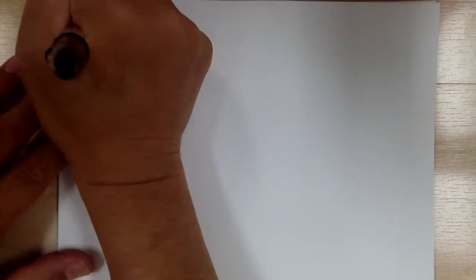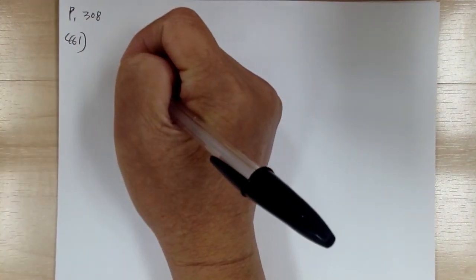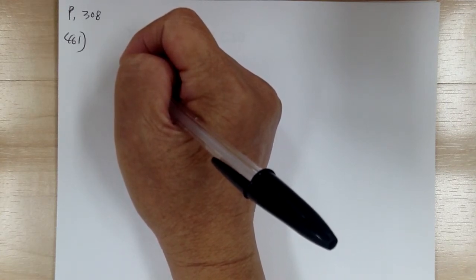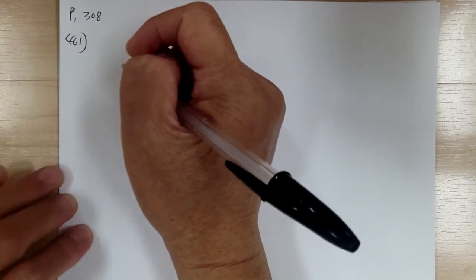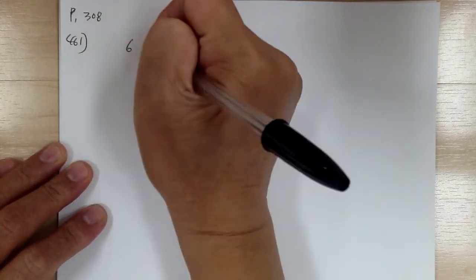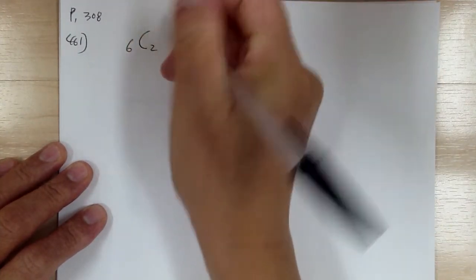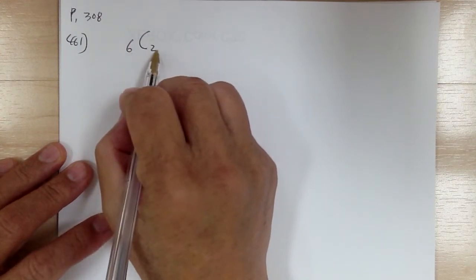Okay, let's go to the next one, 461. In a round-robin tournament, each of 6 softball teams plays each other team exactly once. How many softball games are needed? There are 6 teams, and it takes 2 teams to play a game, so basically it's a combination.